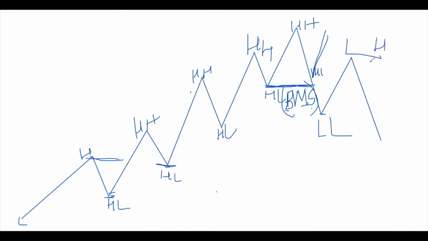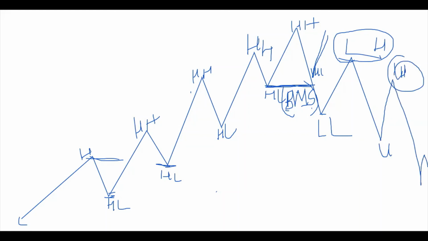Now, when the market is in a bearish direction, we will be looking only for opportunities to sell at the lower high. Since the market gave us a lower low, then a lower high again, we will be looking only for opportunities to sell at this lower high. So our selling opportunities are at the lower high.